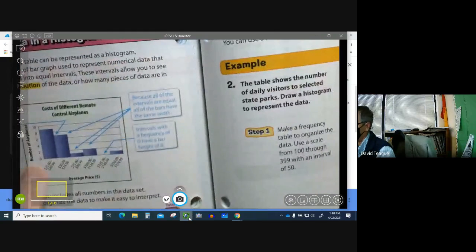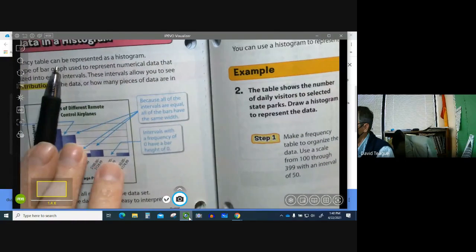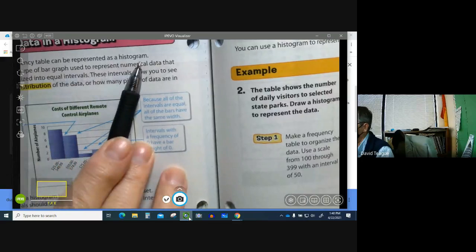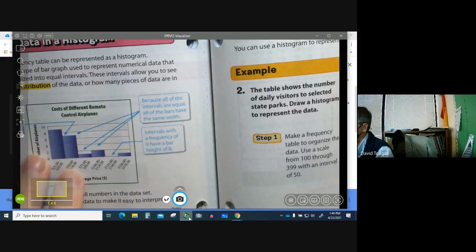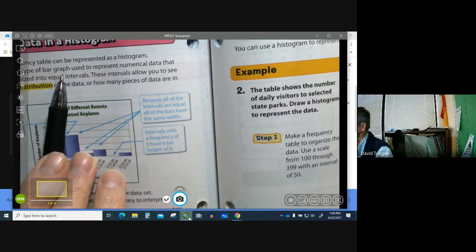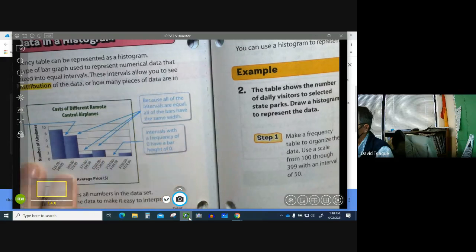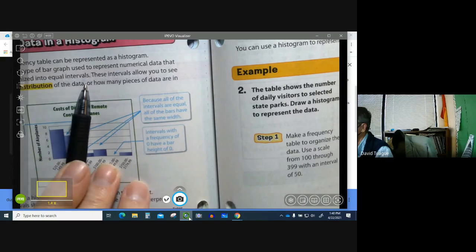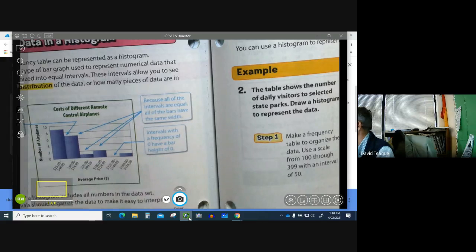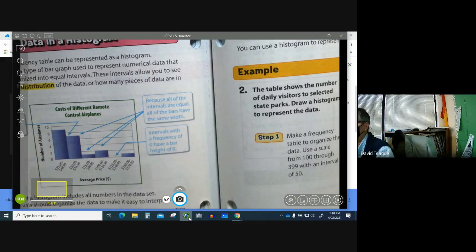The data from a frequency table can be represented as a histogram. A histogram is a type of bar graph used to represent numerical data that have been organized into equal intervals. So they've been grouped together in different groups. They're not grouped by individual numbers, but by groups.